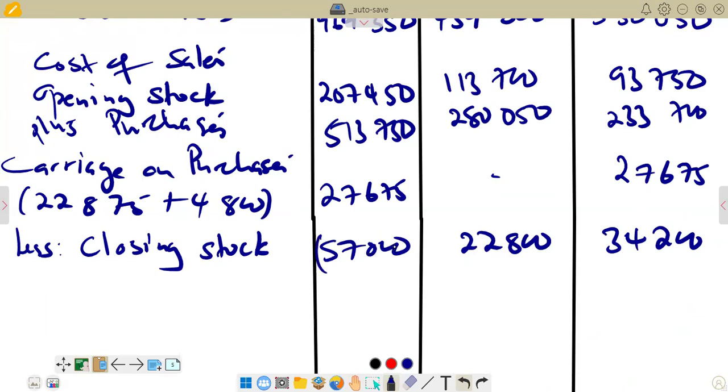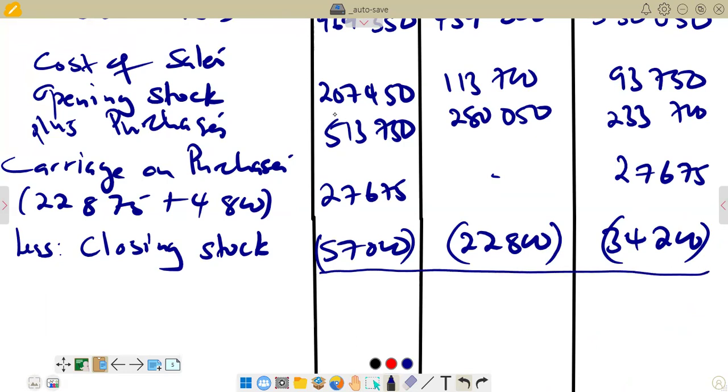So basically, we are putting brackets so that we are subtracting, so that we get our cost of sales.